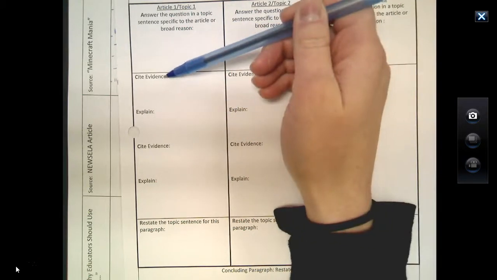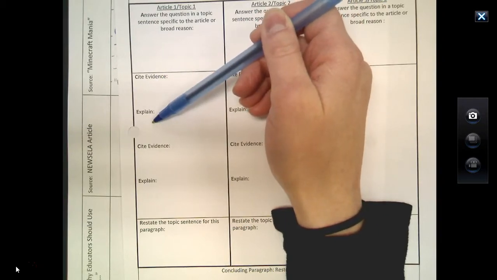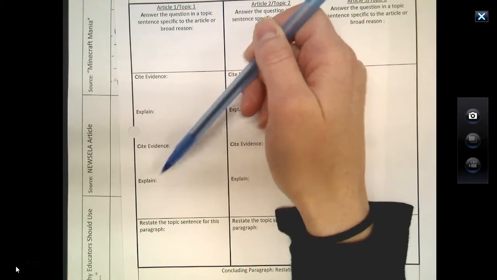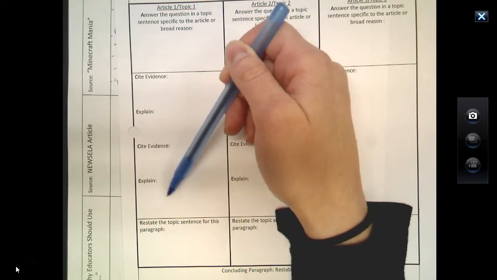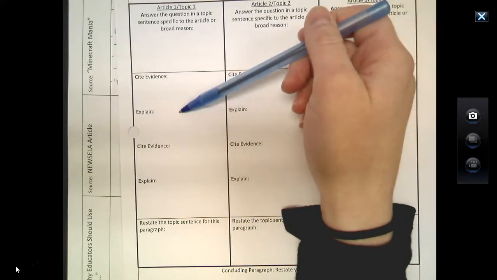You can always, if it's easier for you, give your evidence, 3D shapes, explain how it relates to learning about art. Evidence, learning about different forms, explain how it relates to helping you learn about art. So you pick whatever is going to work best for you, and there is flexibility within this paragraph.